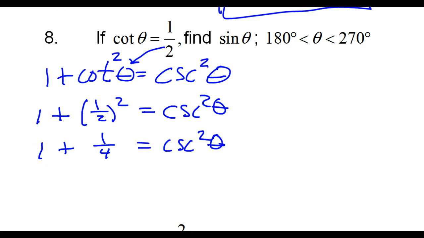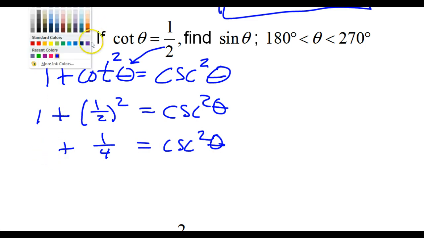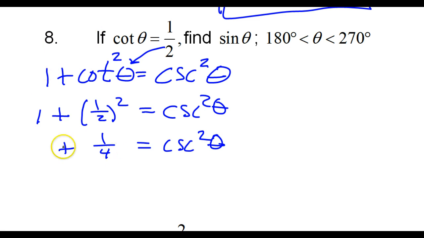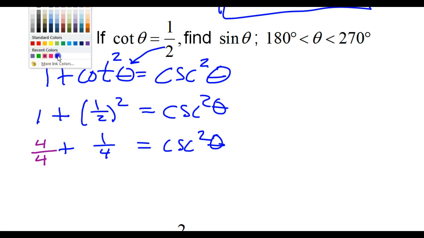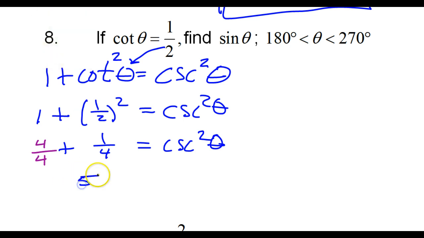But this 1 is very much a chameleon type number. I need a denominator 4, so I can write 1 as 4/4. So when you add this up, you get 5/4 is equal to cosecant squared theta.